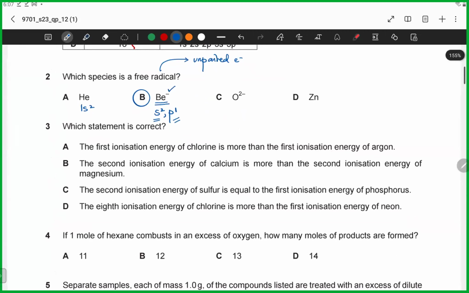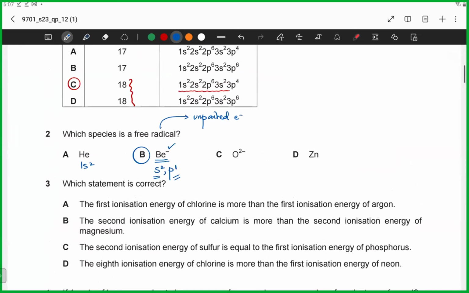The first ionization energy of chlorine is more than the first ionization energy of argon. They're actually in the same period. So it's sodium, then magnesium, after that aluminium, then silicon, then phosphorus, then sulfur, chlorine, and then argon, right?